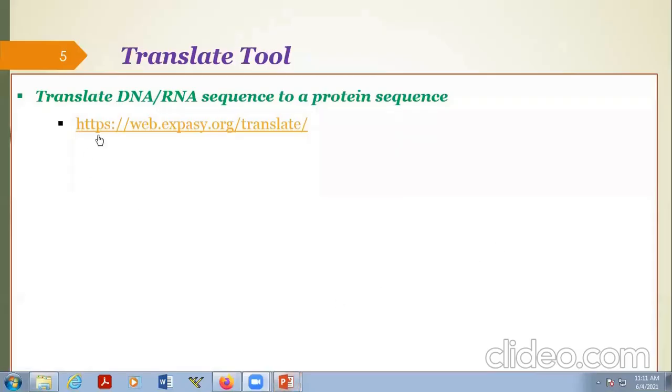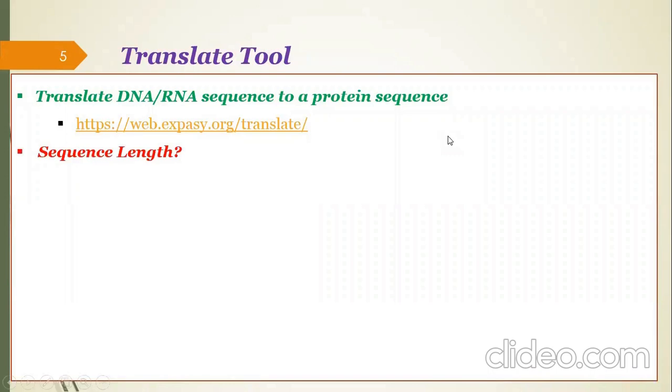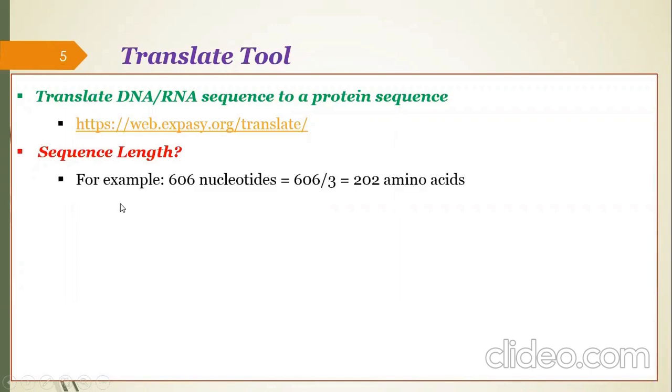Okay, so this is actually the translate tool, and that will convert DNA and RNA sequence into a protein sequence. And next is, what about the sequence length? So how can we determine the sequence length? For example, if we have 606 nucleotides, how many amino acids will it be?